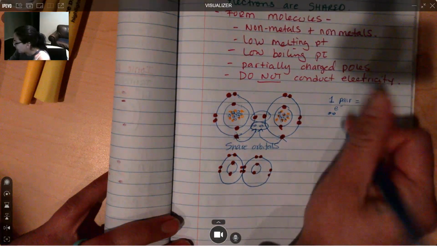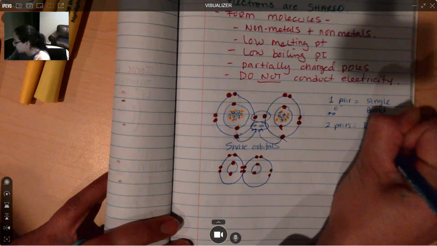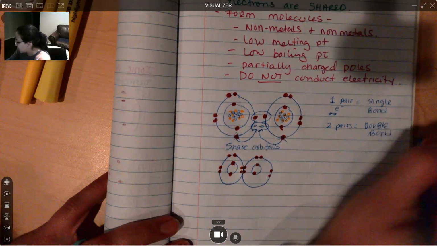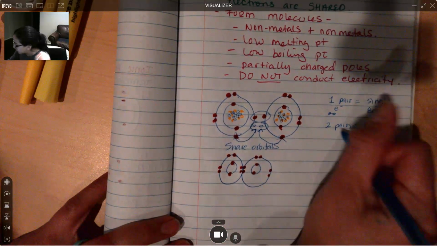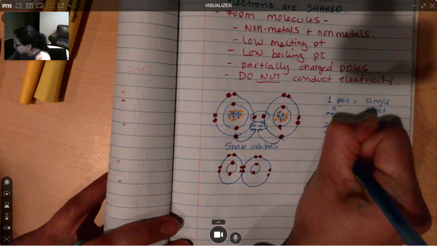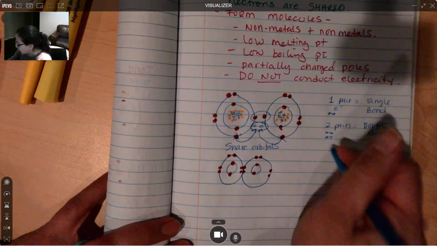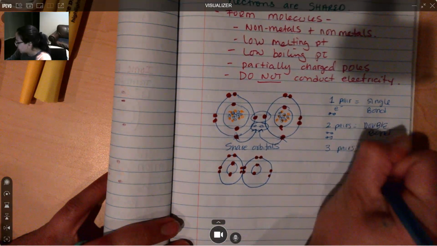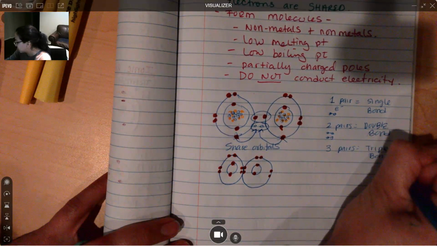Then you're going to have 2 pairs, which is going to be called a double bond. And that's what you see here. It's 2 pairs, and that's a double bond. And you could have 3 pairs, and that's called a triple bond.